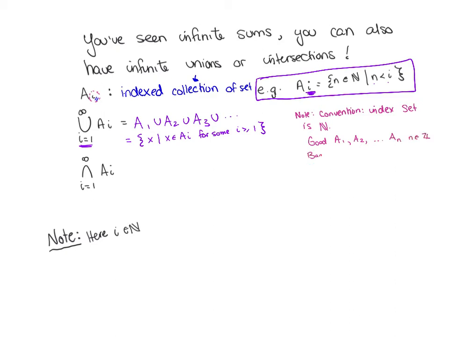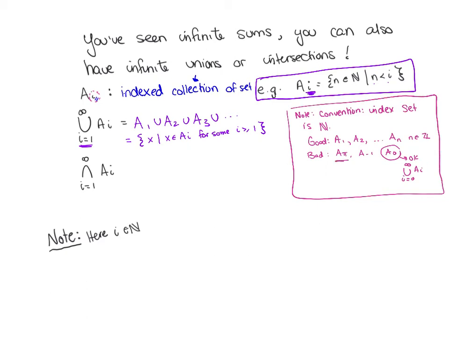But right now, we can't talk about A sub pi, A sub negative 1. I can't even talk about A sub 0 unless we actually explicitly say that we're going to start at 0. So that's the only one that's okay sometimes. And that's just our general convention. But these guys are usually not going to be good. We're not going to want to have those in our index set. But we'll see towards the end of this section that we can expand that if we want to.